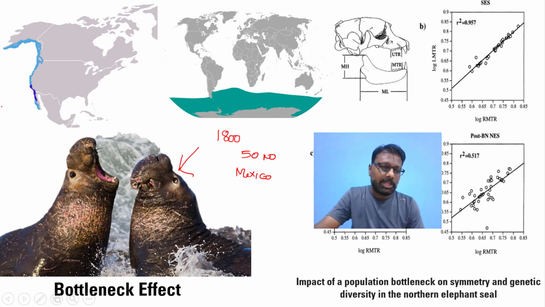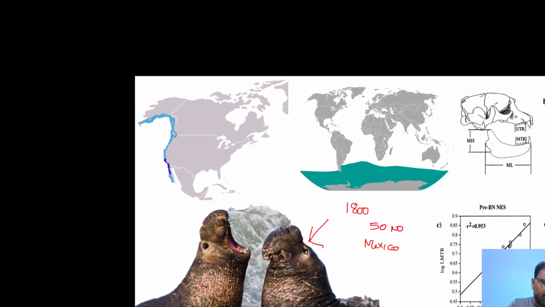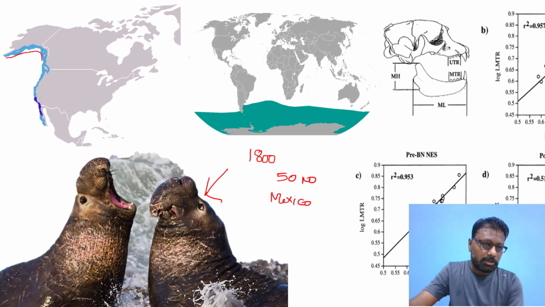Here, when we look at the distribution of the northern elephant seal, you can see this is the northern coast of the US and Mexico, where these northern elephant seals are distributed.